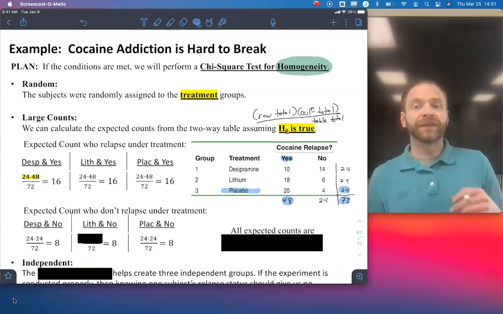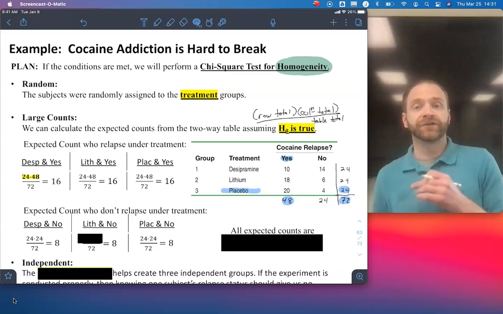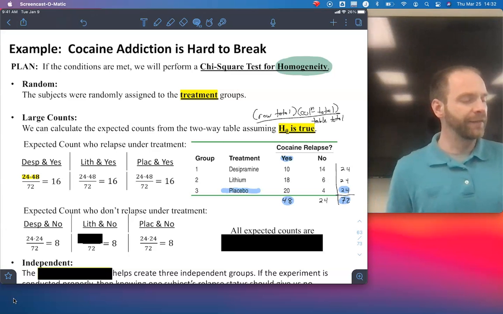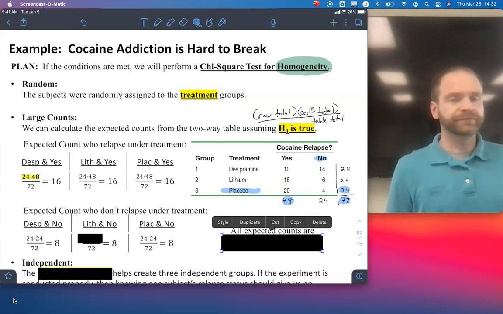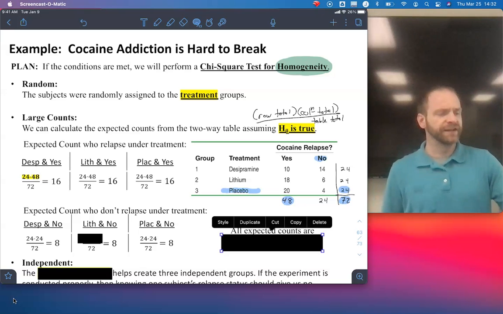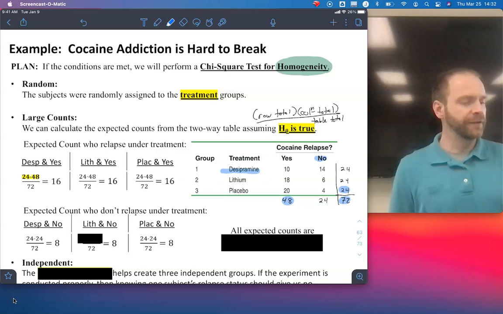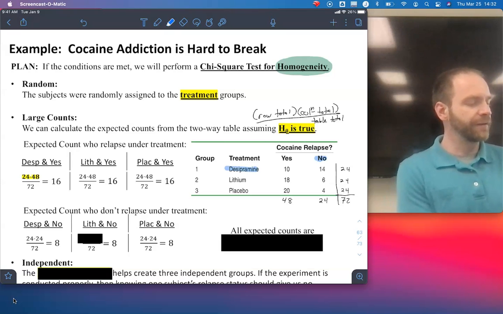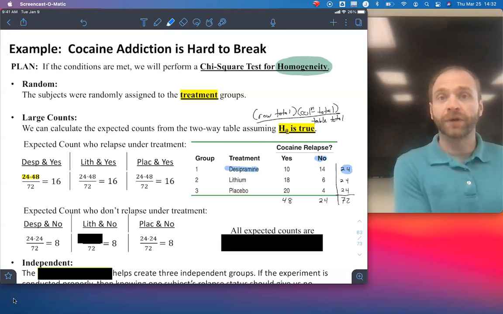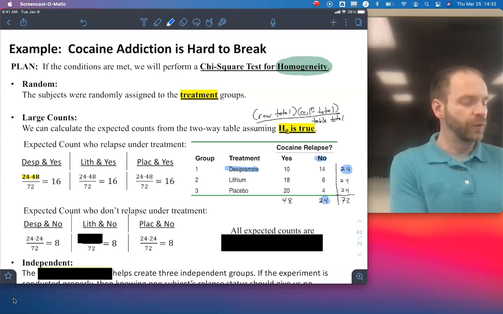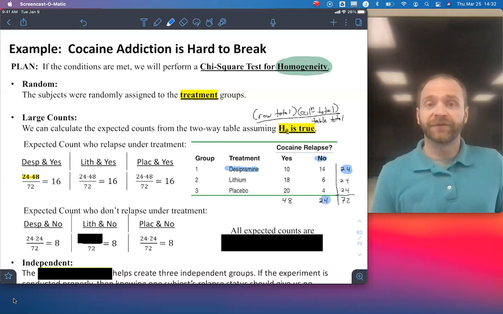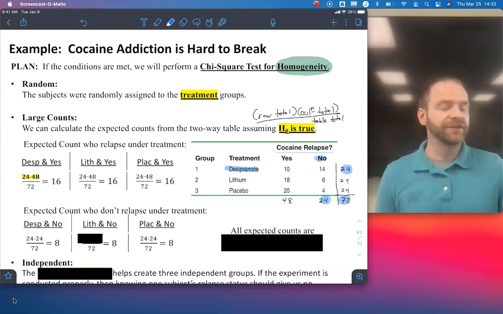Now we could do it for they do not relapse under treatment. So now we're looking at the no column, and the row totals and the column totals, and I can still go through and show you. So let's just erase this. For the no column, we still have 24 as our row total. We have 24 as our column total now, and we're going to divide by 72.